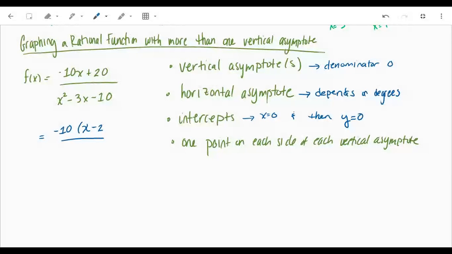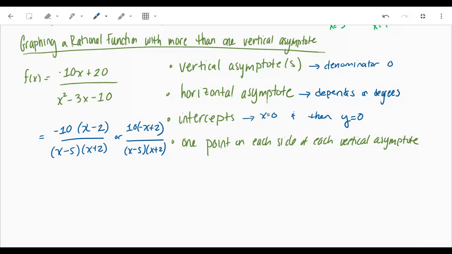Okay. And then the denominator, let's see, that would be x minus 5, x plus 2. Or, like I was saying, if you just factor out a 10, then you have negative x plus 2 over x minus 5, x plus 2. Doesn't matter.